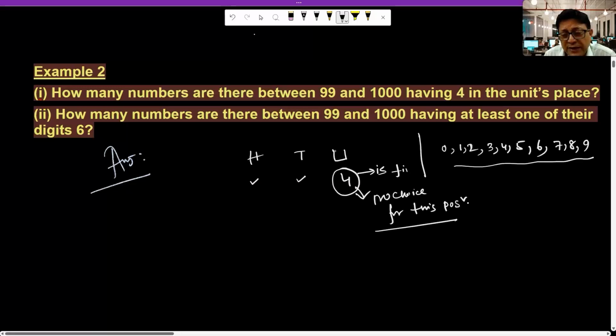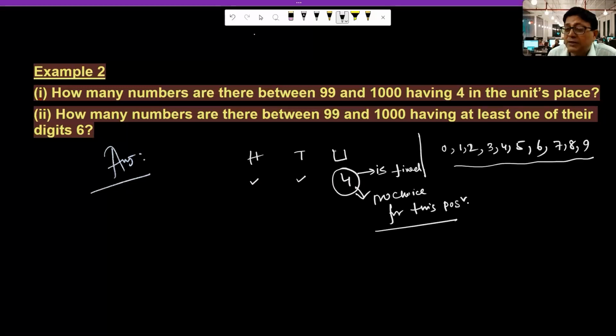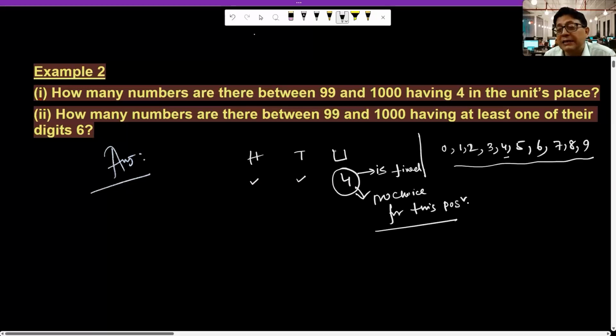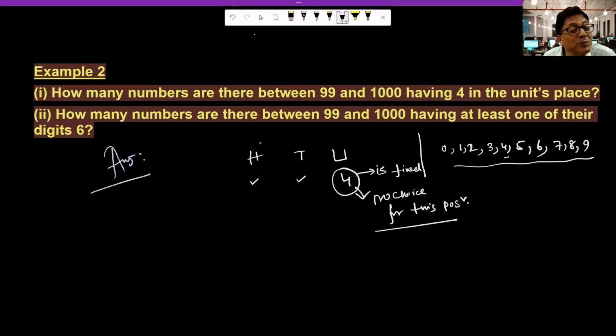So for this place, how many ways can the selection be done for the 100s place? Apart from 4, what are the digits? Apart from 4 here, the number of digits is 9. But 0 you cannot take here. Then it won't be a 3-digit number.